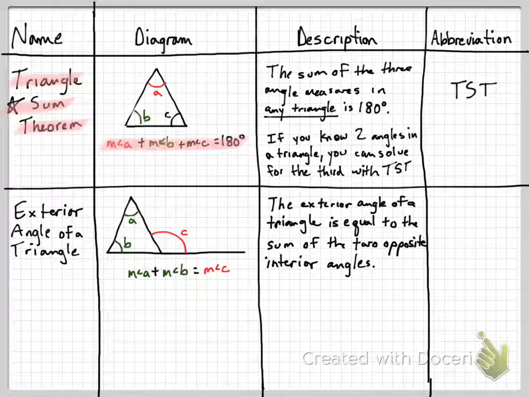Is equal to the sum of the two opposite interior angles. So this is a 2 right here.